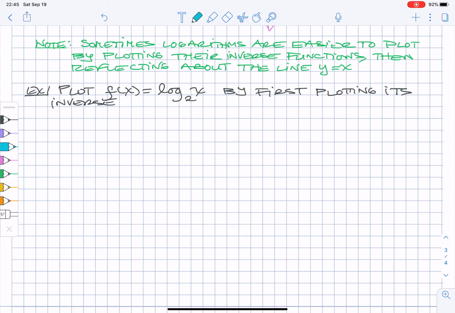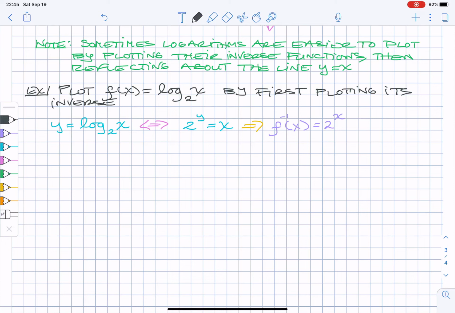Okay, so if we have y is equal to log base 2 of x, I know that this is equivalent to 2 to the y equals x, and that implies that the inverse, f inverse of x, is going to be 2 to the x, because I swapped x and y. So I'm going to plot 2 to the x.